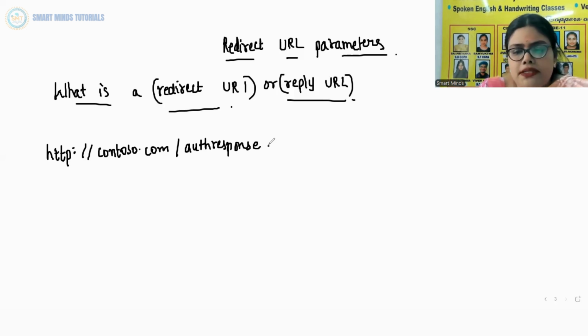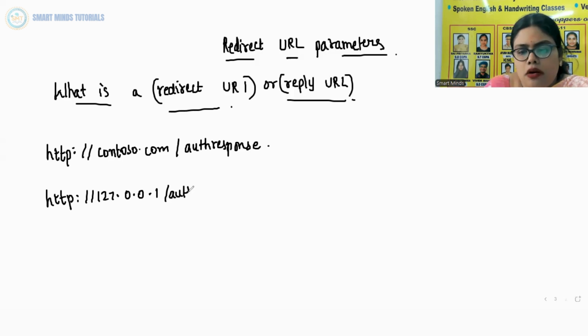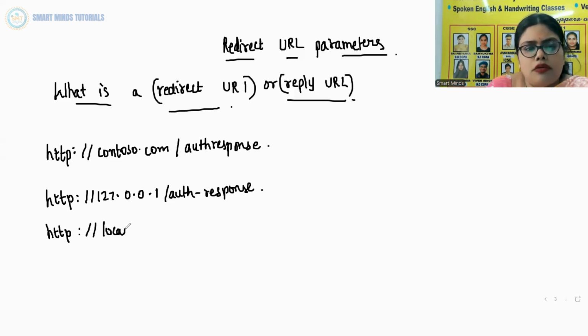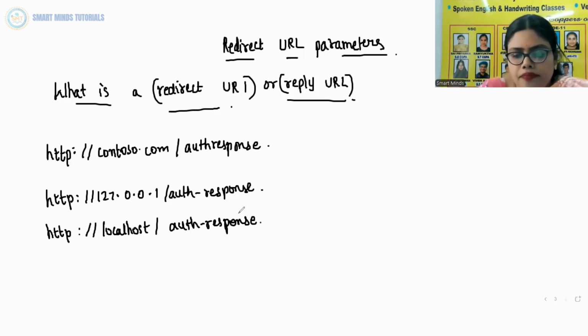During development, it is common to also add the endpoint where you run your app locally, like http://127.0.0.1/authresponse, or we can take another URL like http://localhost/authresponse.